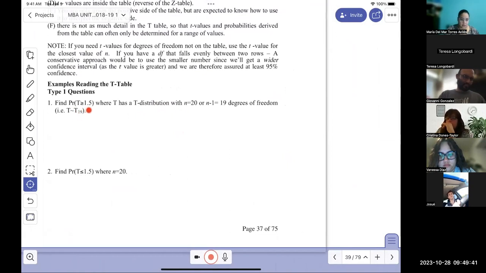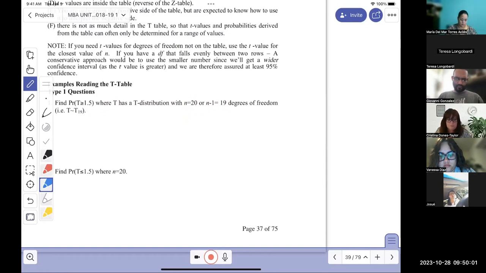Find the probability. Sometimes I use PR or P. I apologize, I'm inconsistent. But that's the probability that T is greater than or equal to 1.5 for degrees of freedom 19, because the sample size was 20. So in other words, we're going to draw a picture to see what we're talking about.